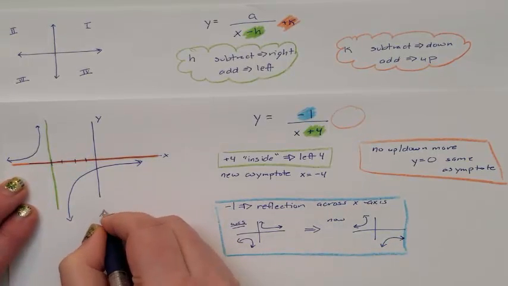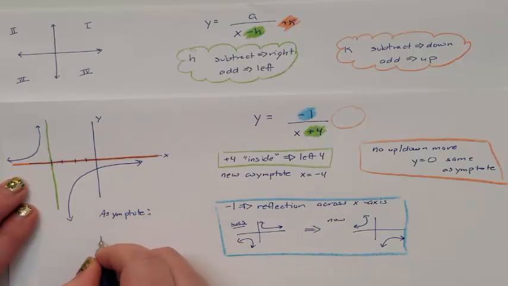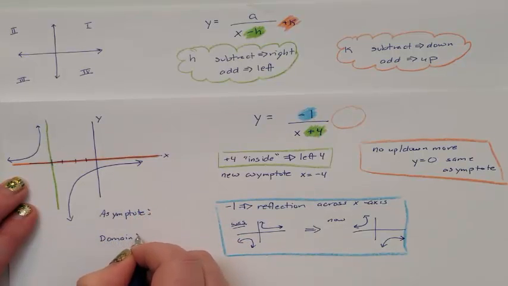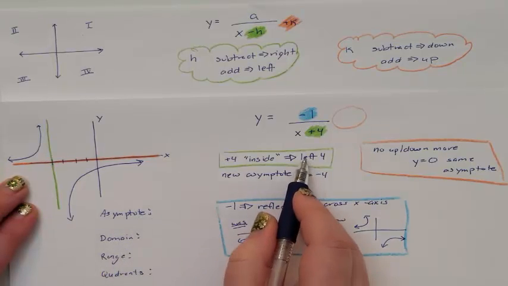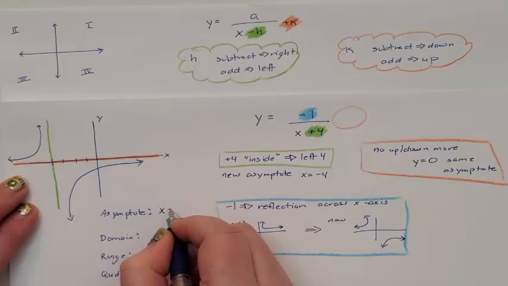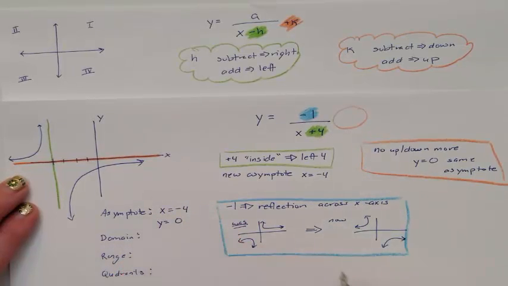So now we just need to find out what are our asymptotes, what is our domain, what is our range, and what quadrants did we end up using. So the asymptote, we said that we had an asymptote at x equals -4, and that this asymptote didn't move at all, so it's at y equals 0.